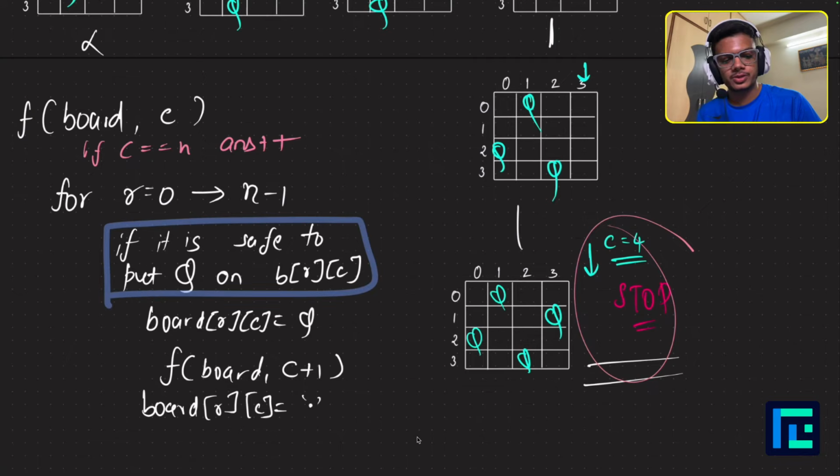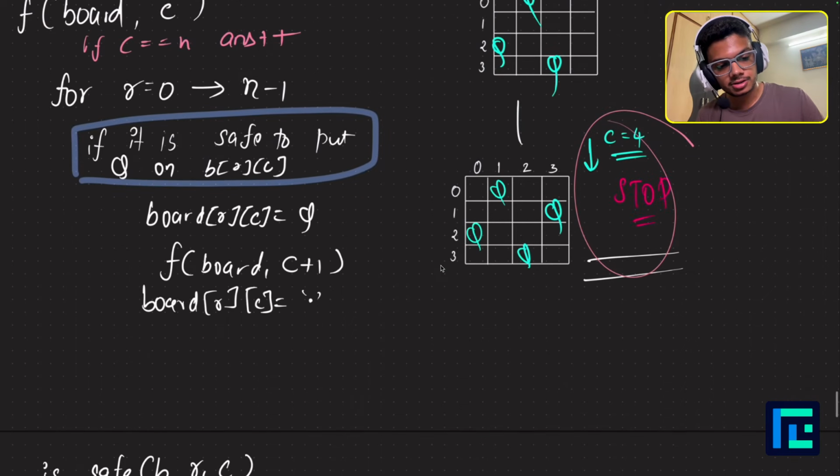Now all that remains is to figure this part out. How do you figure out whether it is safe to put a queen? Let's say we have a function isSafe, which takes in the board, the n by n chessboard we have, and takes R and C, which defines the cell that we have to check, to see whether it is safe to place the queen or not, and returns true if it is safe, otherwise it returns false.